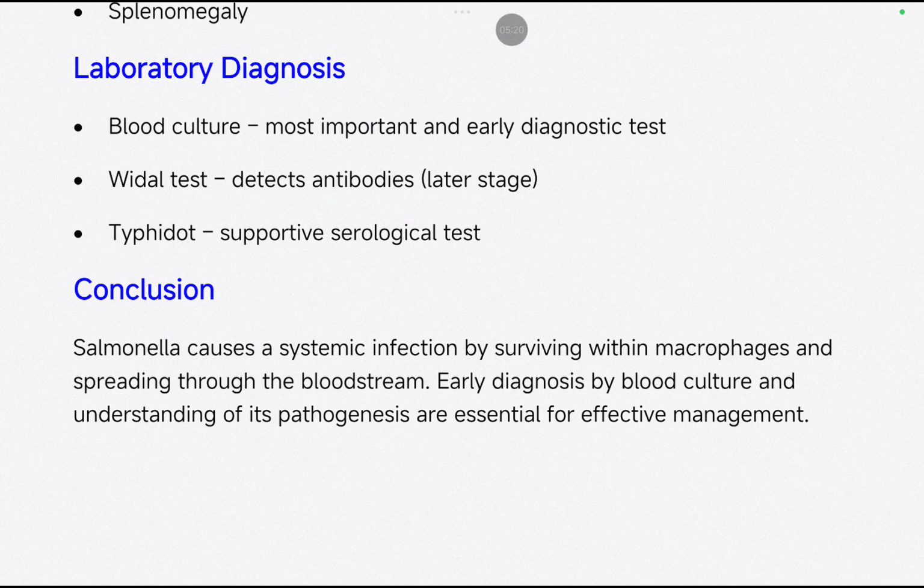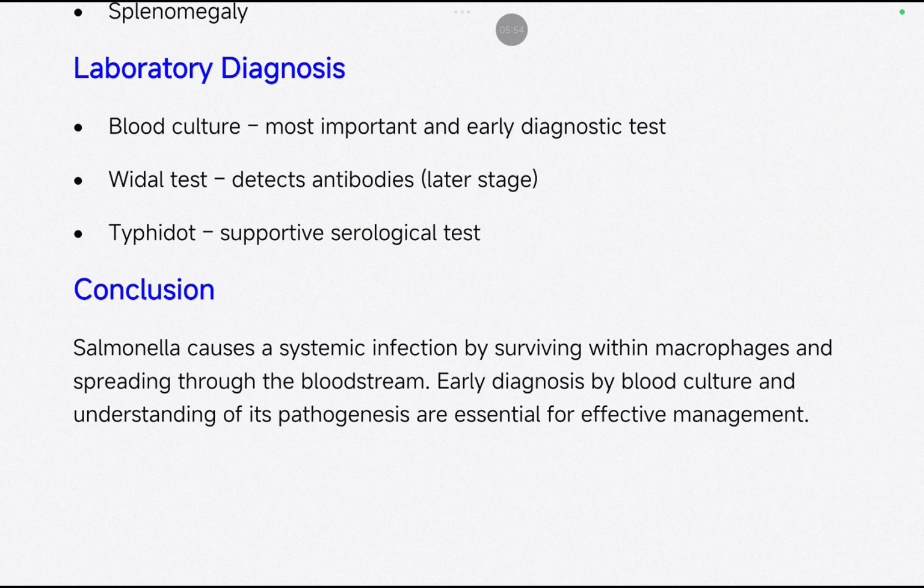If the blood culture report comes positive, a Widal test is done as a follow-up, which is very effective because it detects antibodies. I think most of you must have done the Widal test in your lab. It is very easy. A card comes, you put the sample, you put the buffer. If it is positive, it will show a reaction. And you can also use Typhidot, which is a supportive serological test.